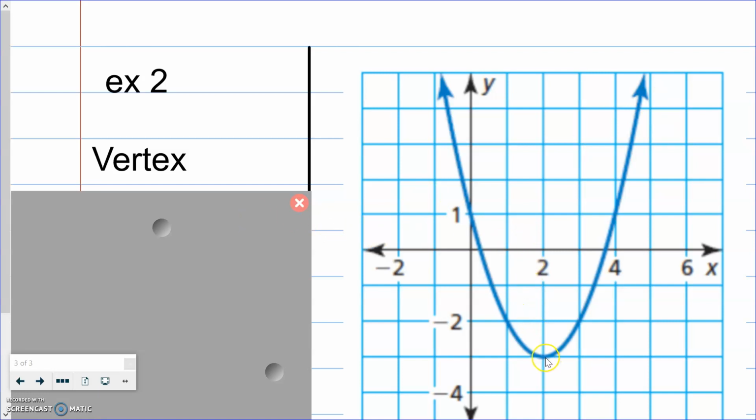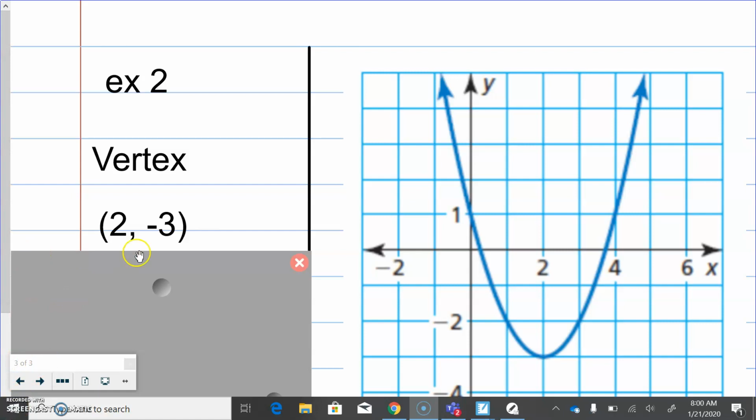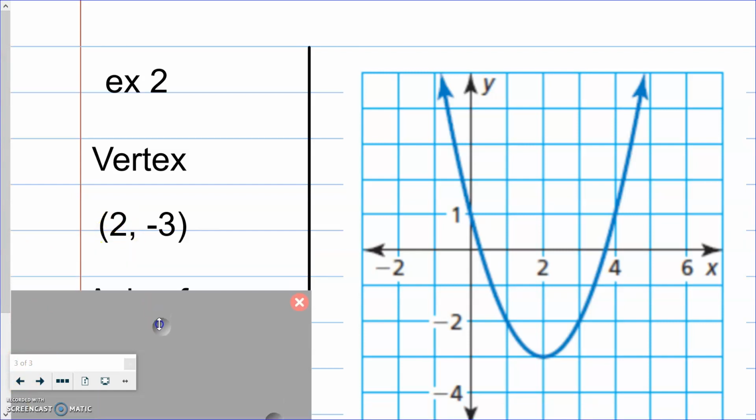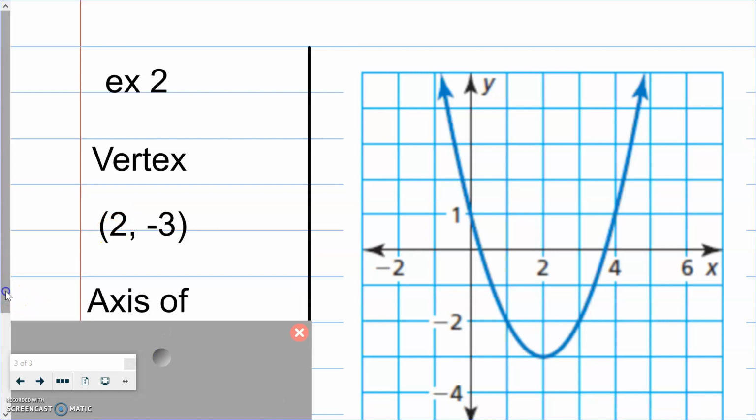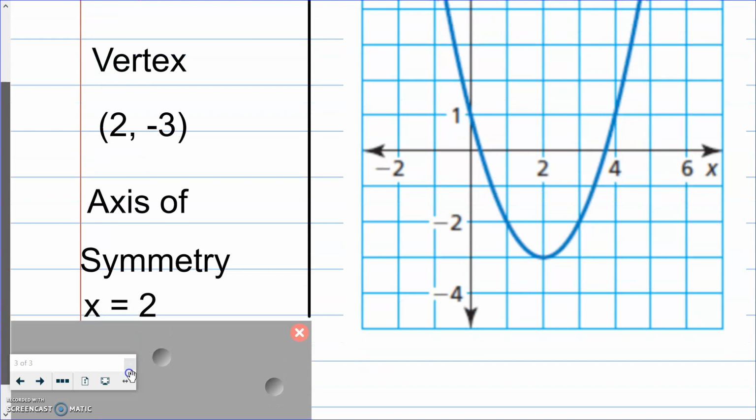And our vertex is our lowest point right here. So that gives us (2, -3). I told you previously, in order to find the axis of symmetry, all we have to do is look at our x part. Just look at our x part, and so our axis of symmetry is simply x equals 2.